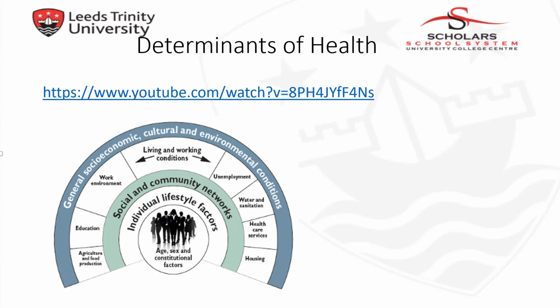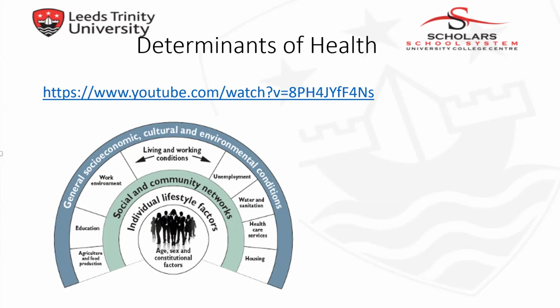So for the individual, you can consider the individual factors that contain age, sex, and constitutional factors. Then you can go to a broader level, that is socio-economic, cultural, and environmental conditions.